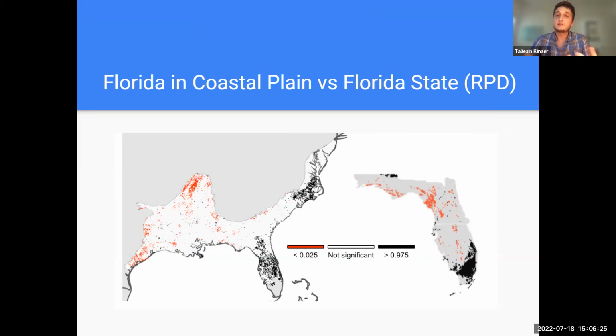And again, when considering the whole region, Florida harbors a lot of these long branches, a lot of this high amount of deep diversity when considering all of the flora. And when you focus on specifically the state's flora and the state extent, down in South Florida, those might have a lot of long branches because most of their relatives are in the West Indies. Same for that part in the Panhandle.